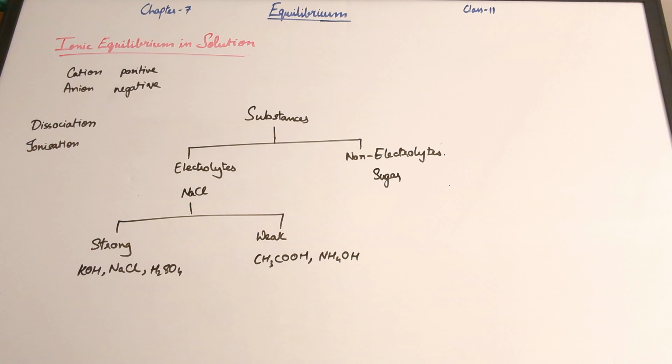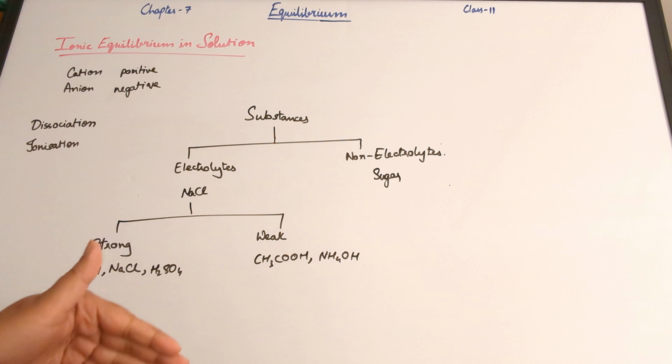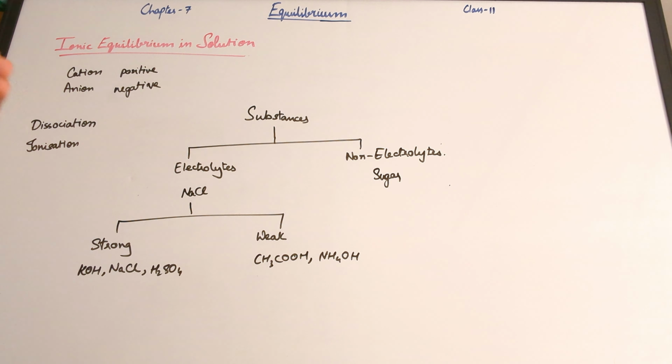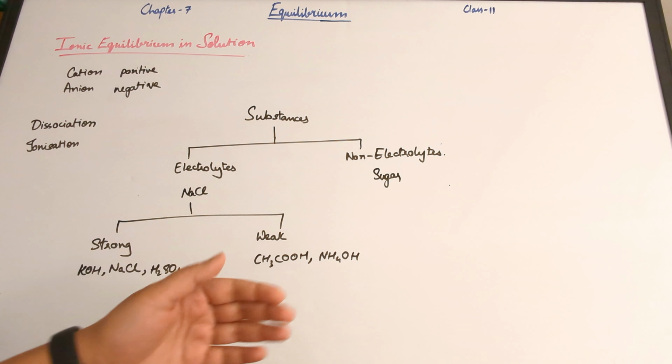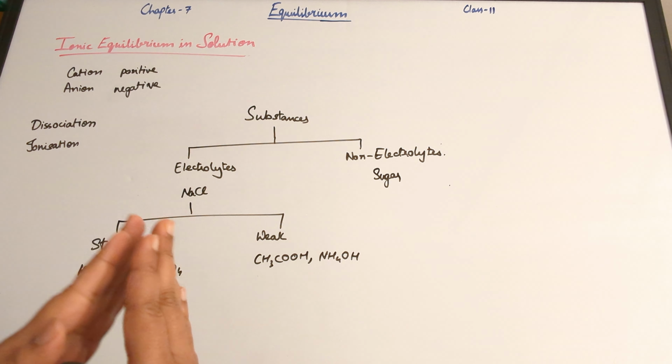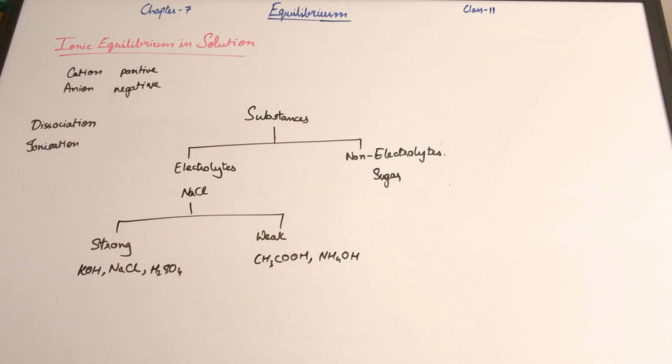Ionization, on the other hand, for example, is hydrochloric acid, HCl. It's usually in the gaseous state, but when we dissolve it in water, we get hydrochloric acid. So when we have a neutral molecule like hydrochloric acid and we put it in water, it leads to the formation of H+ ions and Cl- ions. So there, it is getting ionized. The main difference is that in dissociation, the ions are in the solid state, and when they're dissolved in a solvent, they're getting split.